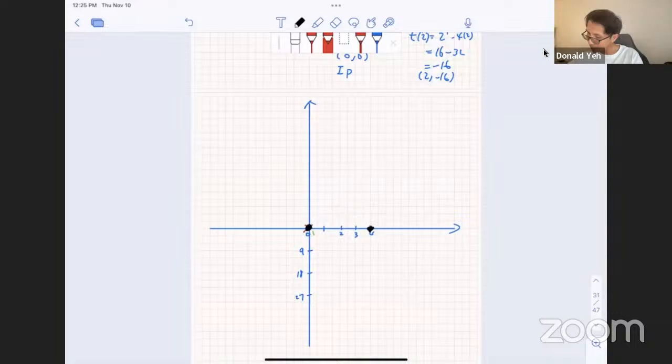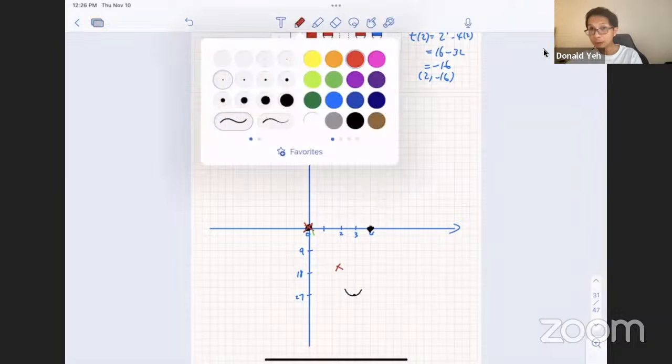Okay. So here it's going to have a smile face, is that okay? Because of the minimum. And at 2 and -16 it's going to have a cross. A cross means the inflection point. Is that okay? So far, it's okay.